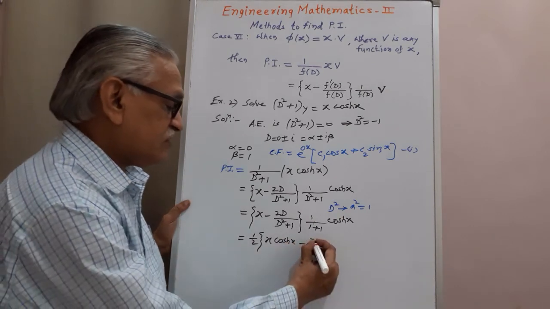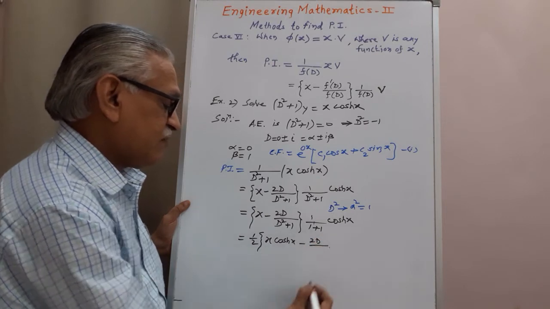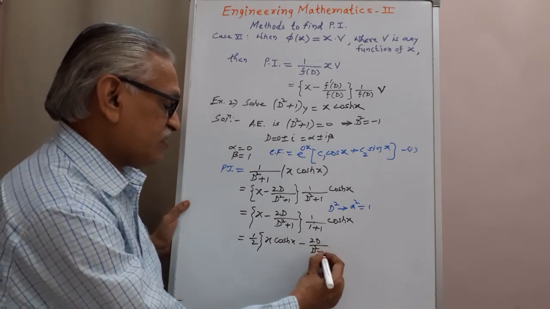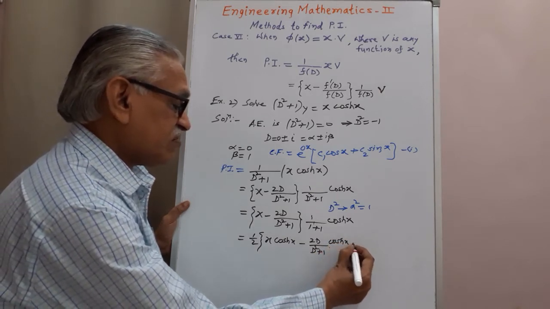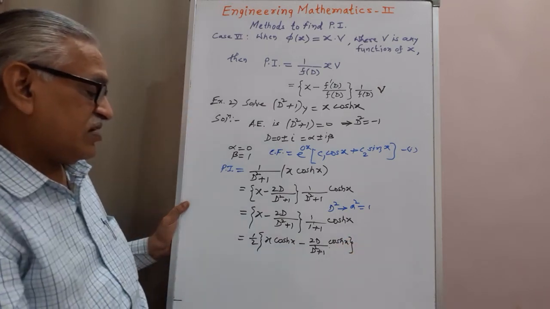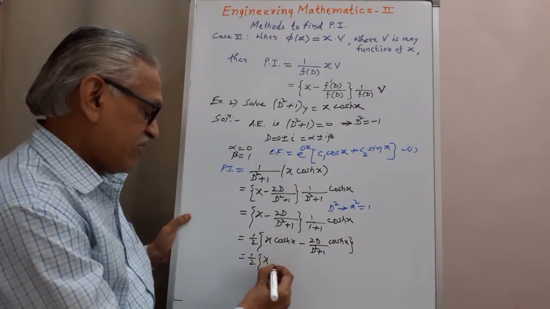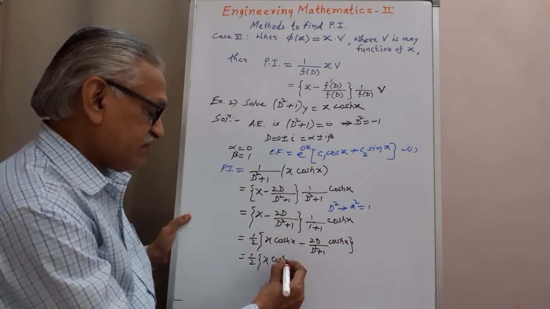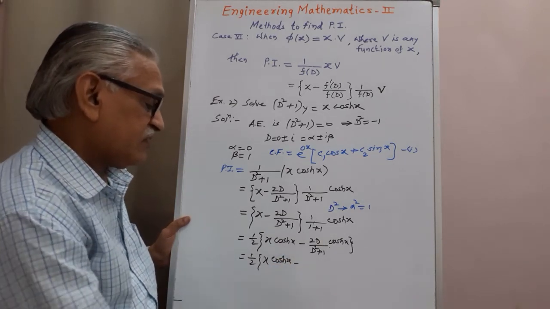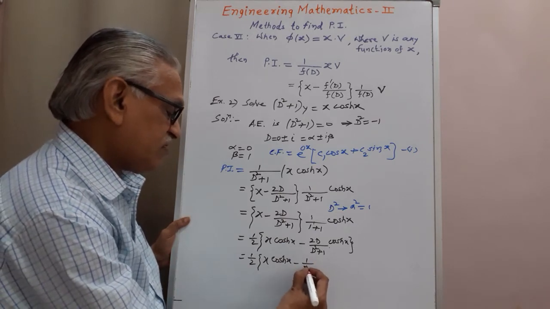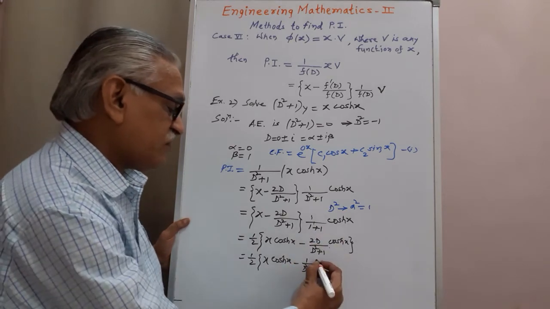minus 2D upon D square plus 1 operated on cos hx, and therefore it is 1 by 2 times x cos hyperbolic x minus 1 upon D square plus 1 times 2 times the derivative of that term.